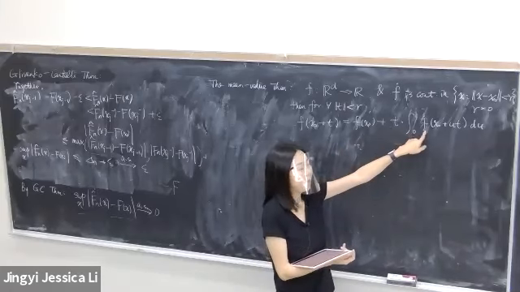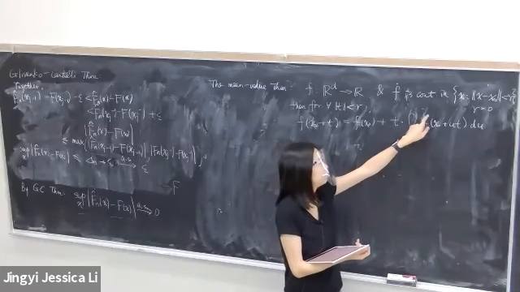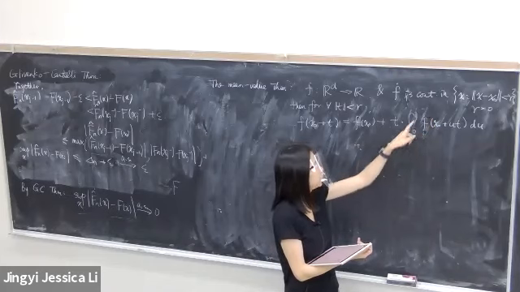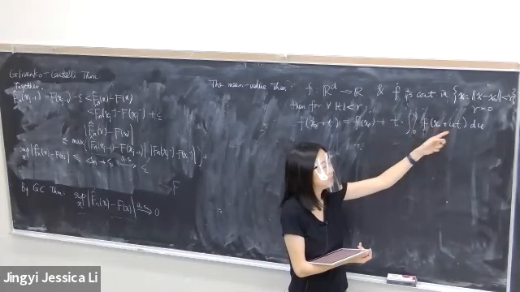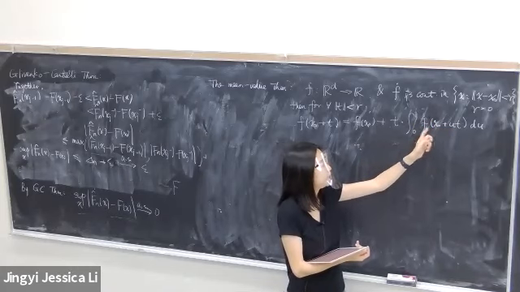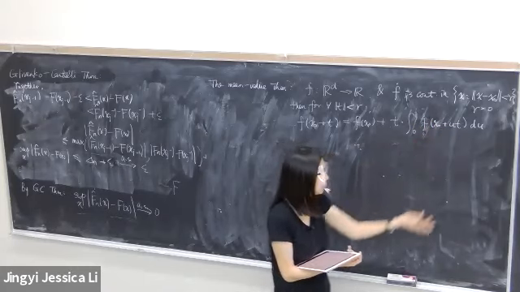When u is 0, we are at the gradient at x0, and when u is 1, at the gradient at x0 plus t. So it's basically the interpolation between x0 and x0 plus t.